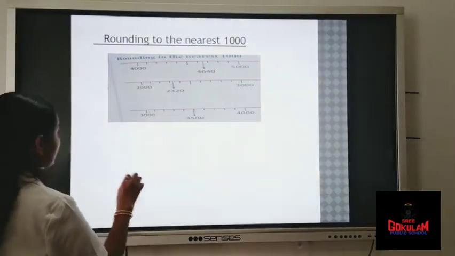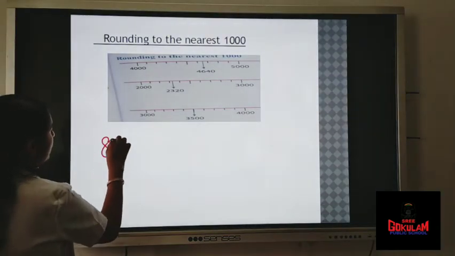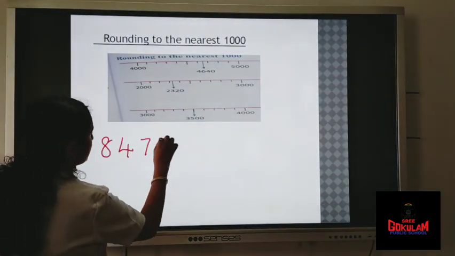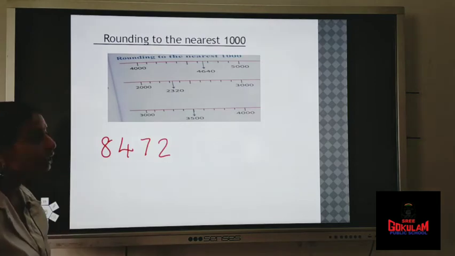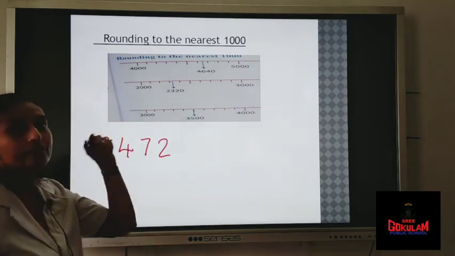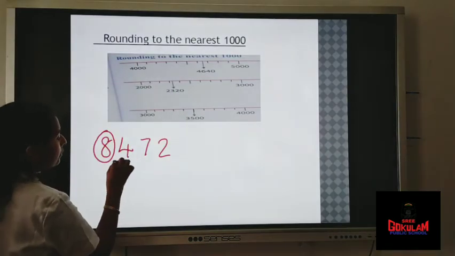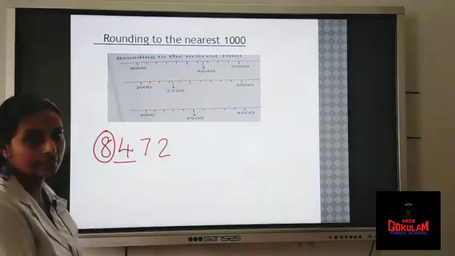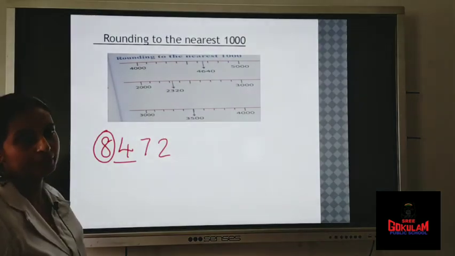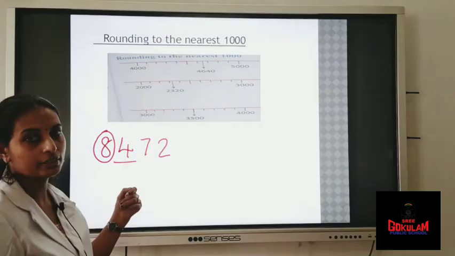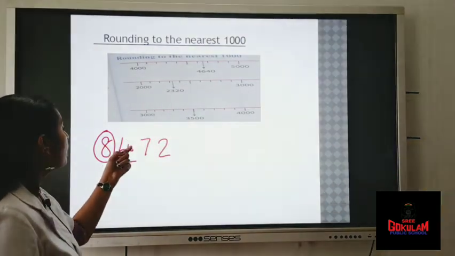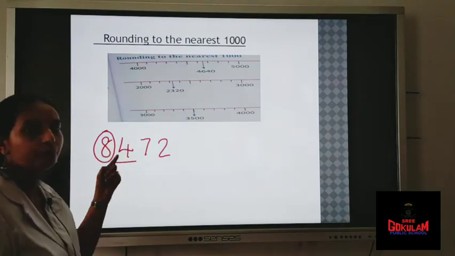I'll tell you, we have a number 8472. Here we want to round to the nearest 1000. So circle the thousands place and underline the next place. Here, underline the 100 place and just check, the number is 4.